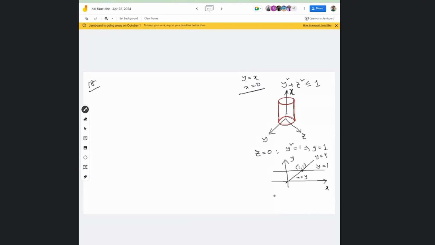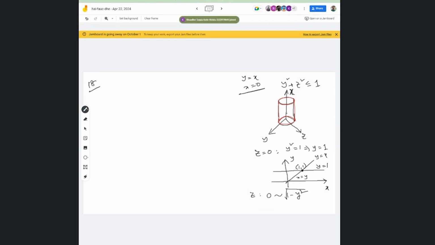Okay. So for this case, z is changing from 0 to, sorry, square root of 1 minus y square. If z equals 0, then y would be 1. So y goes from 0 to 1.